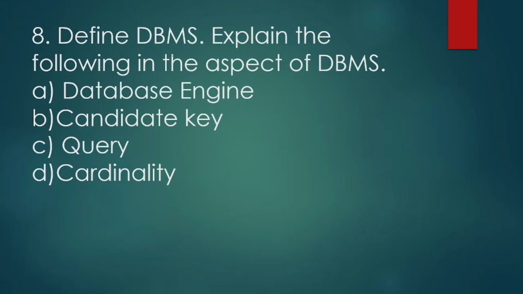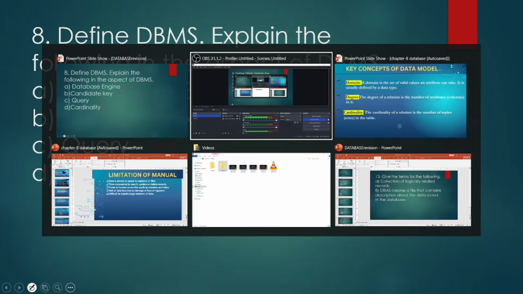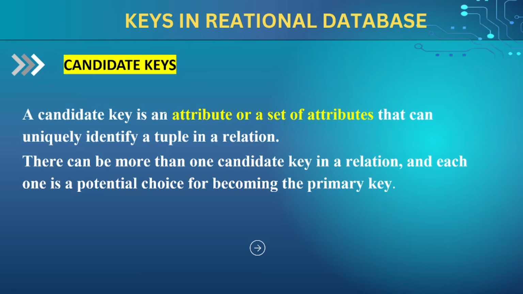Next question, define DBMS. Explain the following in the aspect of DBMS: database engine, candidate key, query and cardinality. Two of these we already discussed just now. Database engine and candidate key I will tell you. Candidate key is an attribute or a set of attributes that can uniquely identify a tuple in a relation. This is the important keyword.